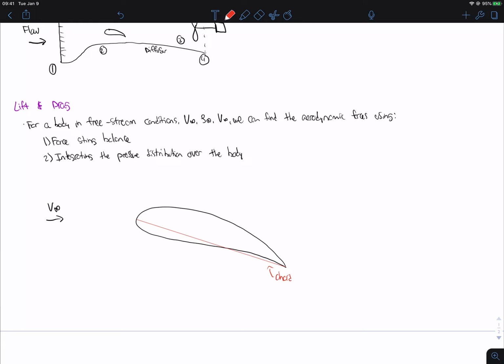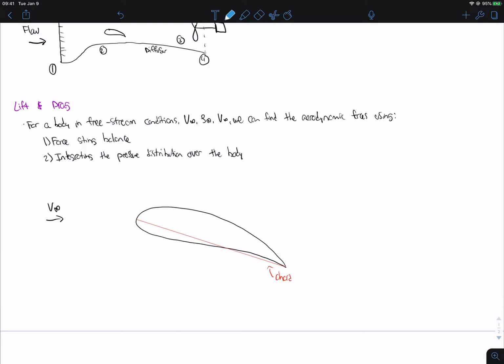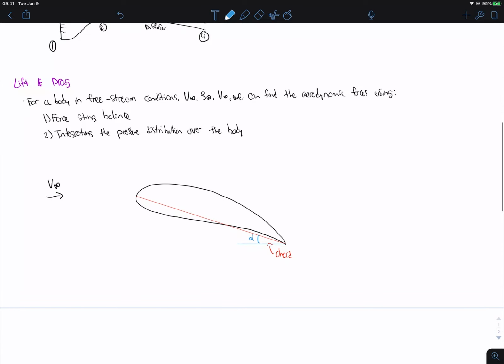So this line is going from our leading edge straight to the trailing edge. And this angle that the free stream velocity makes with the chord line is the angle of attack. Okay, and we denote the angle of attack as alpha.